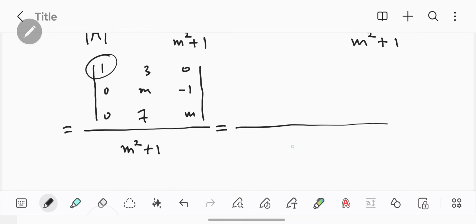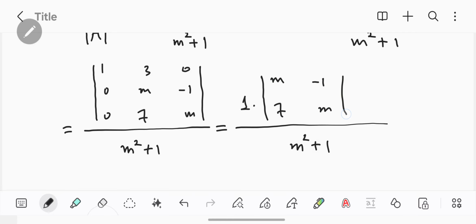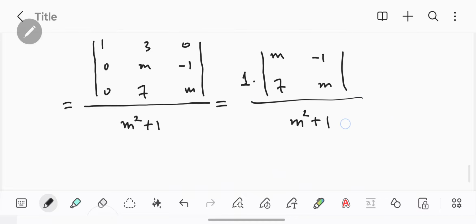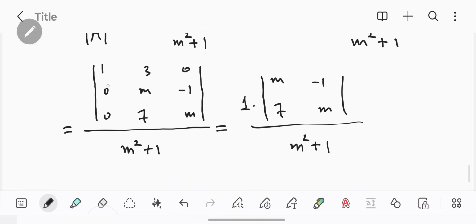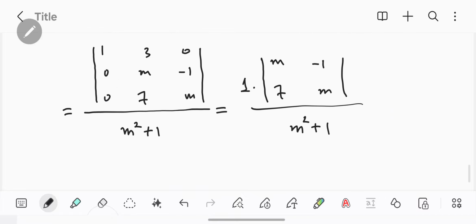Okay, so m squared plus 1. So I will write 1 times its cofactor, means this whole thing: m minus 1, 7 times m. So this is the determinant. So the determinant gets reduced by making zeros here.